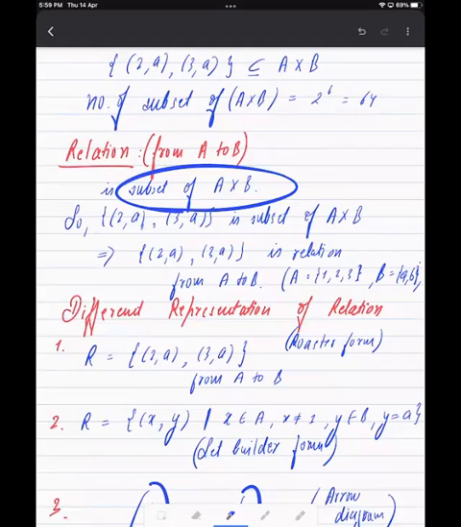Okay, revise. This whole chapter is more of a theory, not a calculative portion. And to make your grip on this chapter, all you need is consistency of revision.